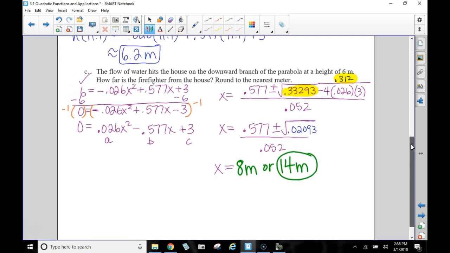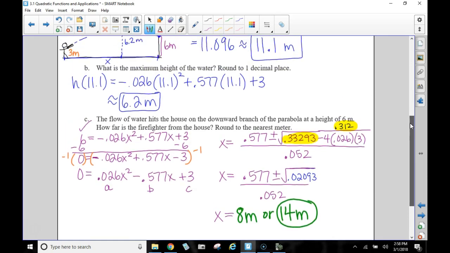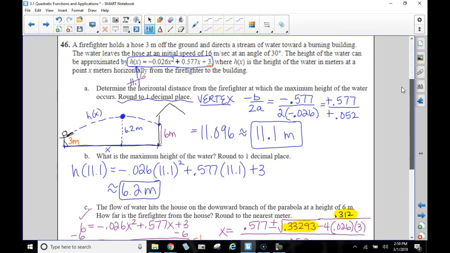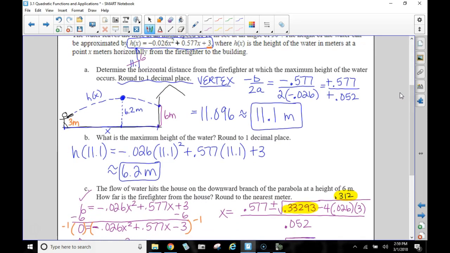Let me show you why I know that is. Remember, our two choices were 8 or 14. The other place where this is at a height of 6 meters is about right in here, and that is the first one, 8 meters.